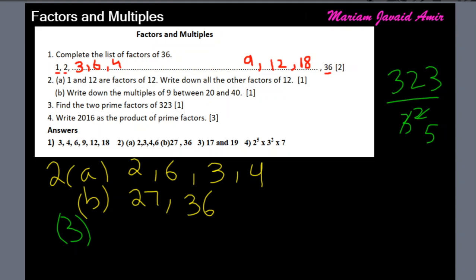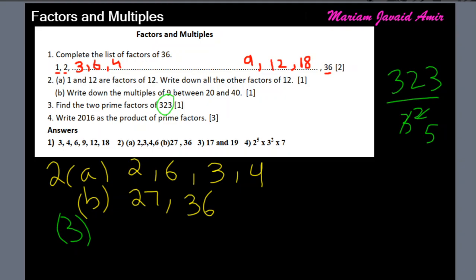In fact, we don't need to try 2 and 5 because we know that this number is not divisible by 2 and 5. It's not divisible by 3 either, because 3 plus 2 plus 3 is 8, and 8 is not divisible by 3. So the whole number 323 is not divisible by 3.